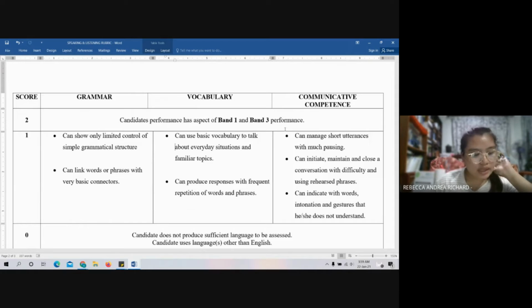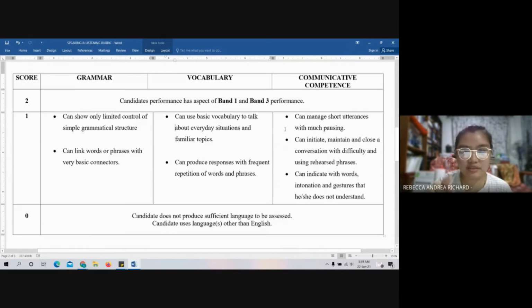The assessor will mark by applying a performance descriptor from the analytic assessment scale for the following criteria: grammar, vocabulary, and communicative competence. The person who evaluates the students needs to remember that there are no right answers to the questions, and the candidates will not be judged on their opinion, but only on the language that they use to express their opinion.